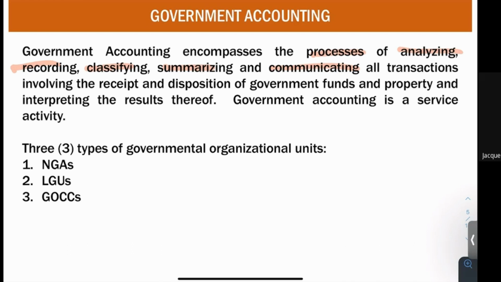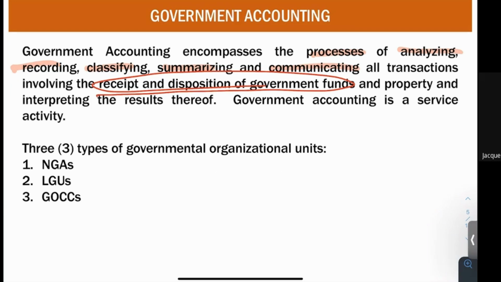If you try to look at it, one thing is only different in this definition compared to the definition of accounting. Normal accounting is defined as for financial information. Here, it provides receipt and disposition of government funds. If you still remember, we place emphasis on the process of government accounting.